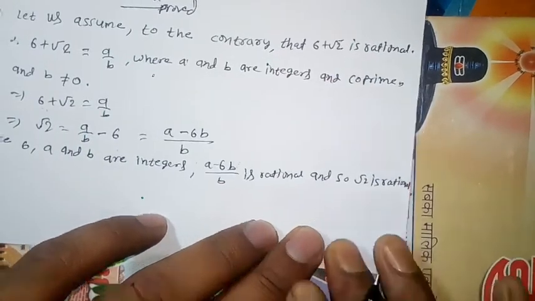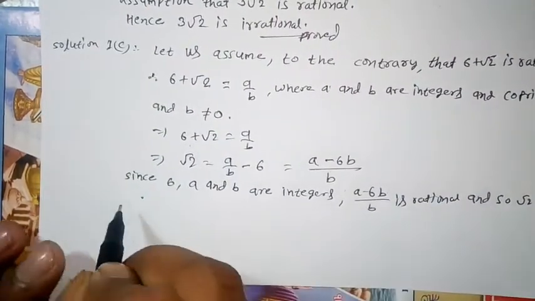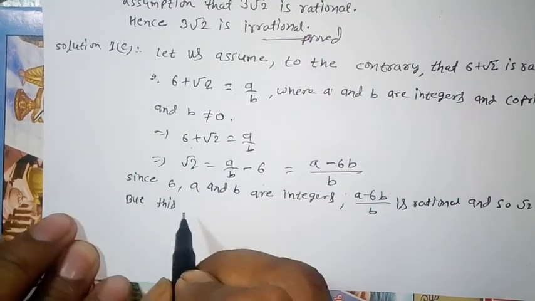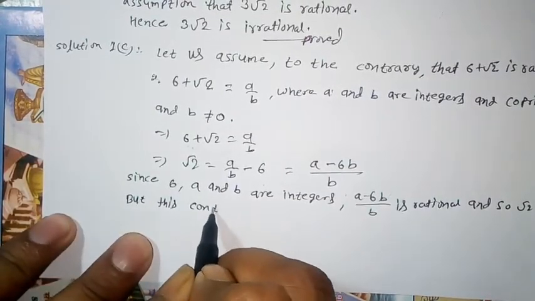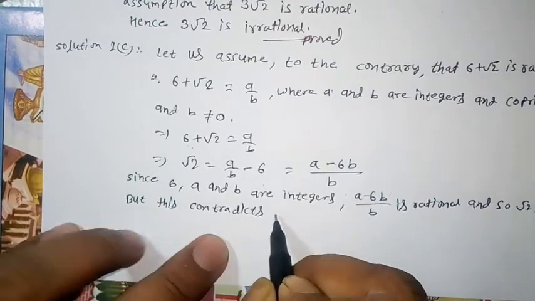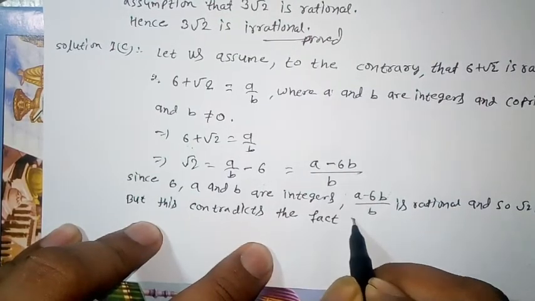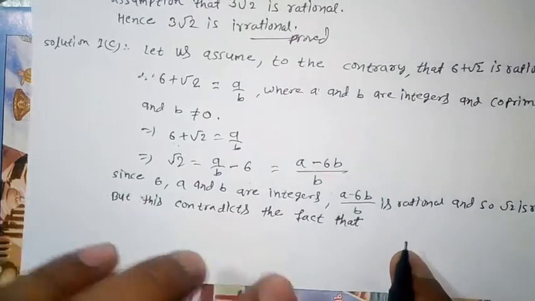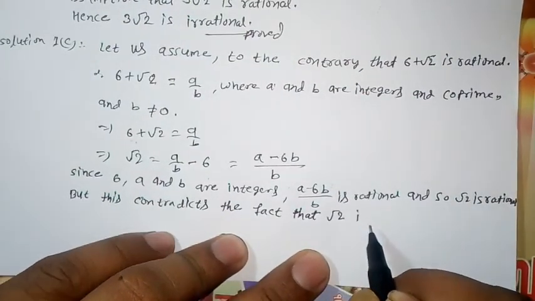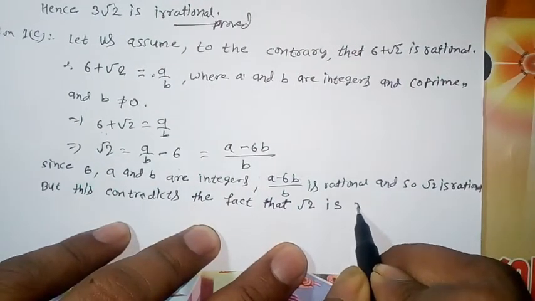But I know that root 2 is irrational, but this contradicts the fact that root 2 is irrational.